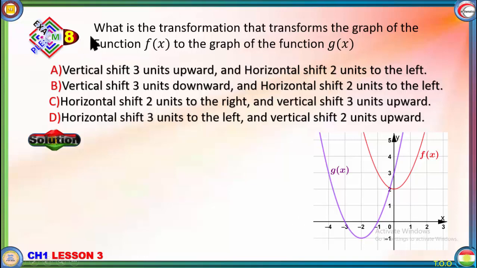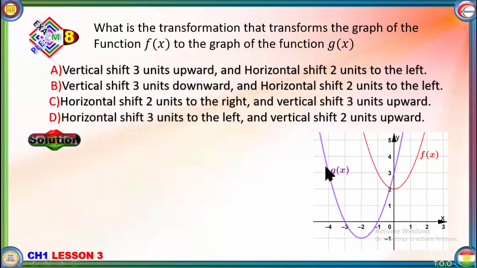Example number 8. What is the transformation that transforms the graph of the function f(x) to the graph of the function g(x)? As you can see, both of them are opening up. That means we have no reflection about the x-axis.